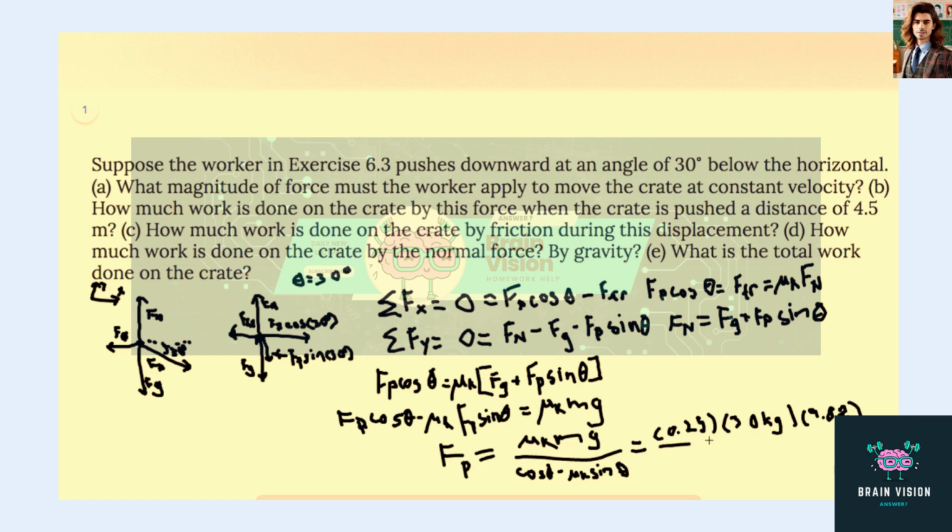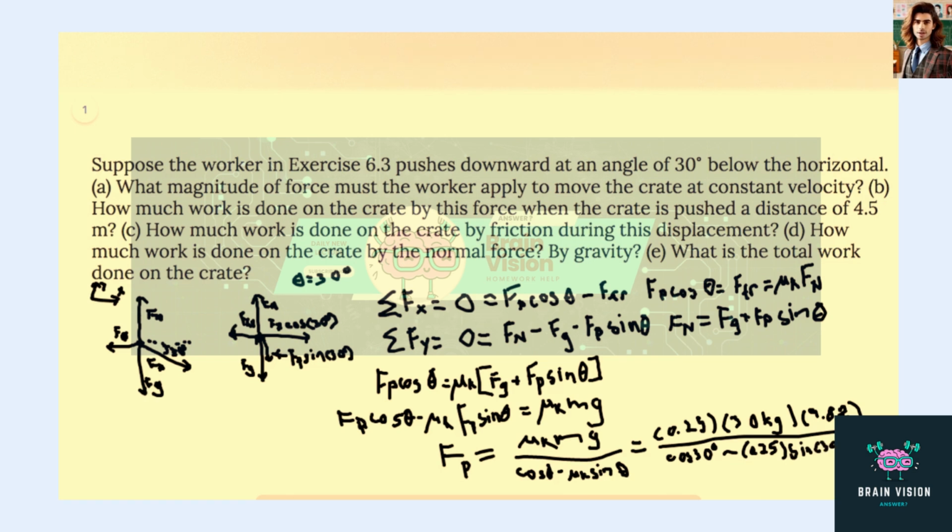And on the denominator of this expression, we have the cosine of 30 degrees minus 0.25 times the sine of 30 degrees.